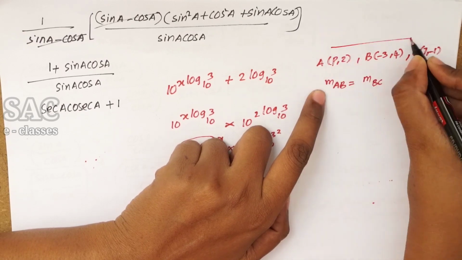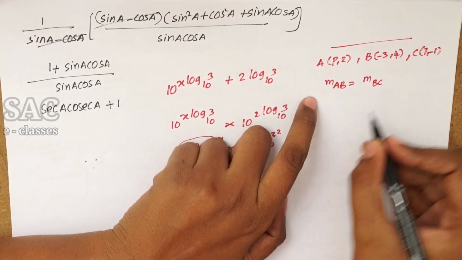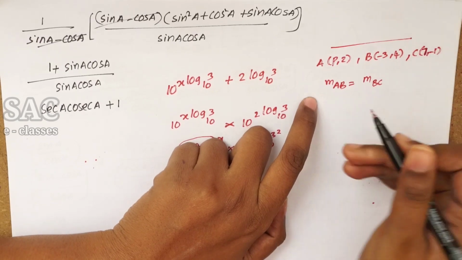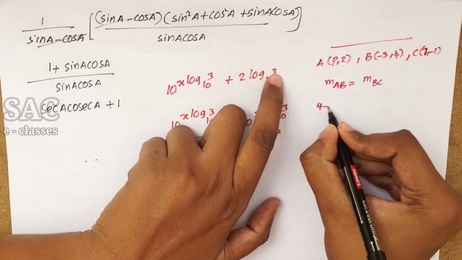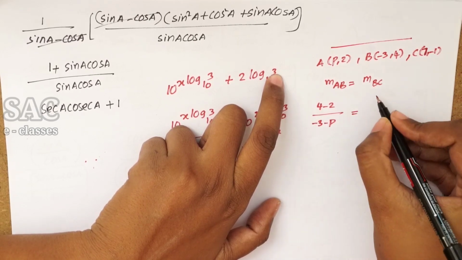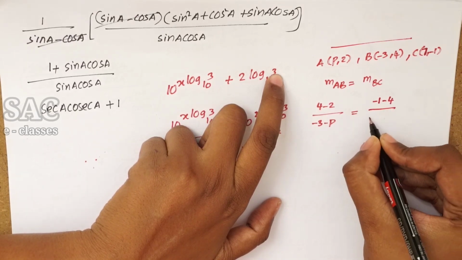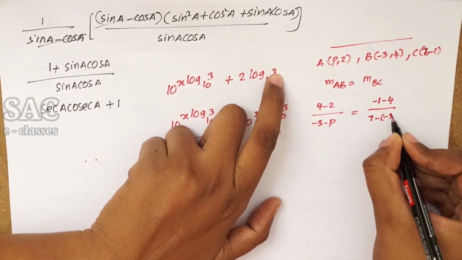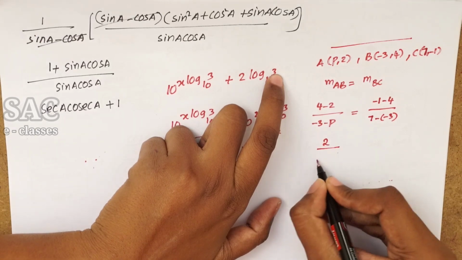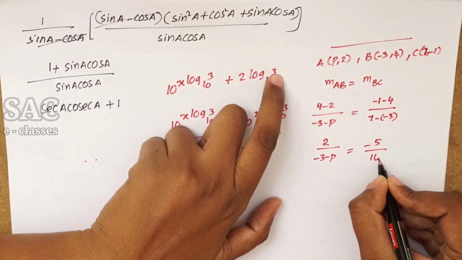As these are collinear, they lie on the same line. Now the slope of AB is (4 minus 2) by (-3 minus P), equal to the slope of BC, (-1 minus 4) by (7 minus (-3)). So 2 by (-3 minus P) equals -5 by 10.